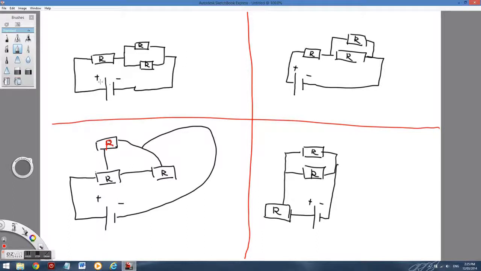Let's look at the first one. What's happening here is I have a resistor, and it is connected in parallel with another resistor.